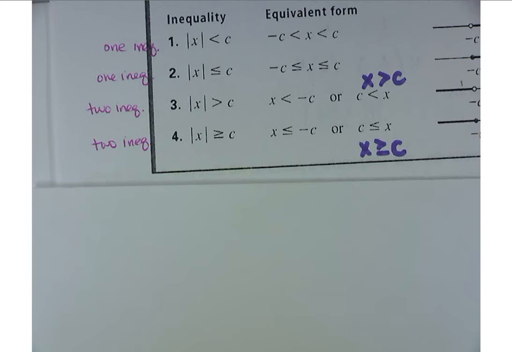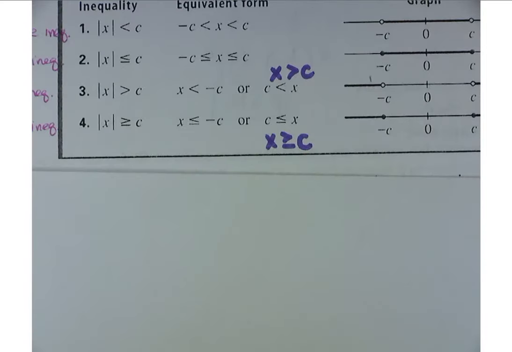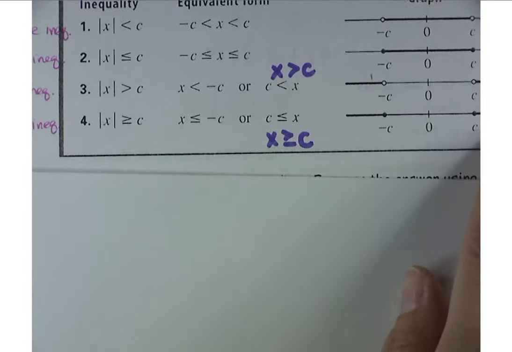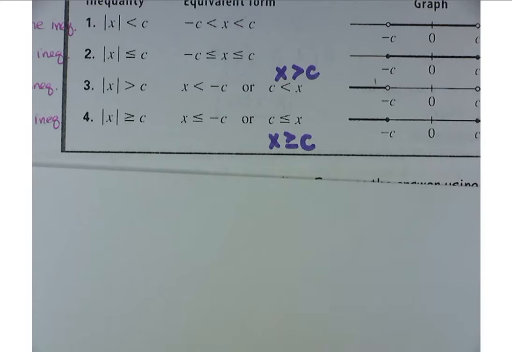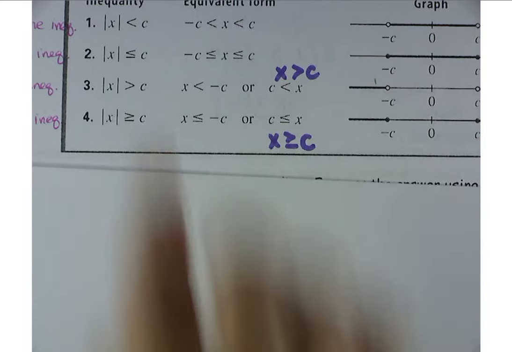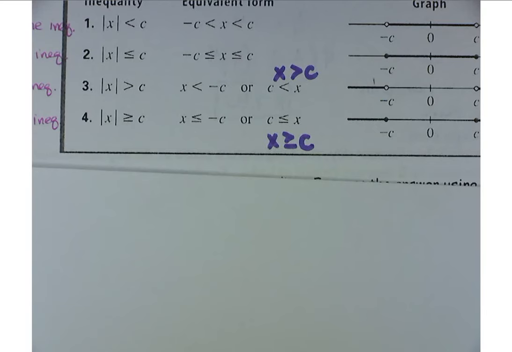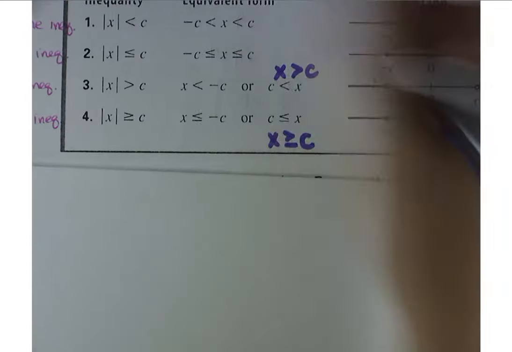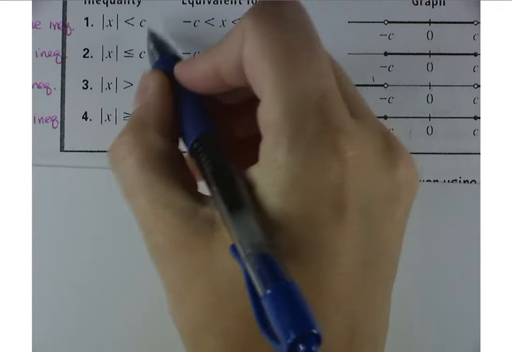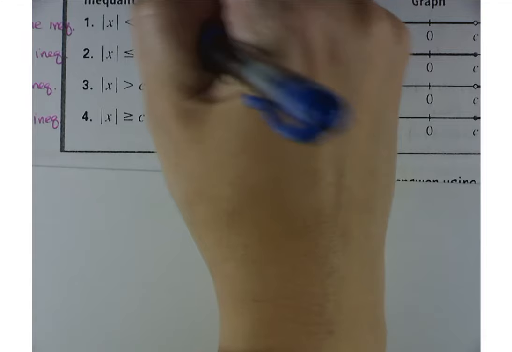Yeah. Okay. And then again, you're going to have that open and then that closed circle. So open for just our greater than sign and then closed for the greater than or equal to. Okay, so the first two are for less than, second two are for greater than. And in fact, maybe that would be something else I'd want to write down, that these are the less than, and these are the greater than.